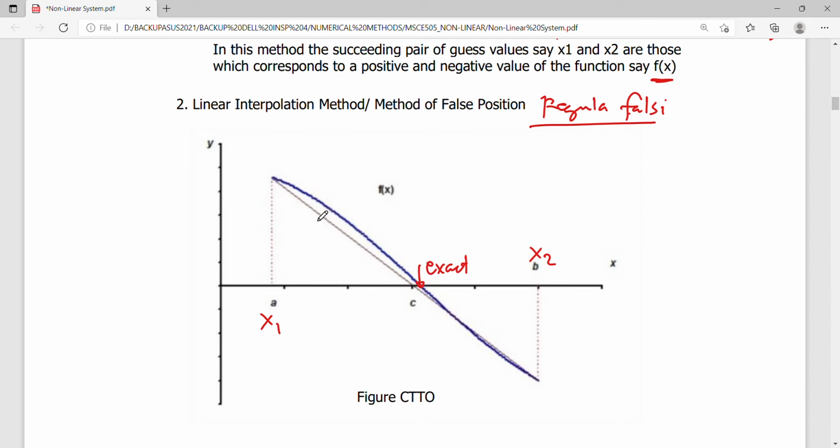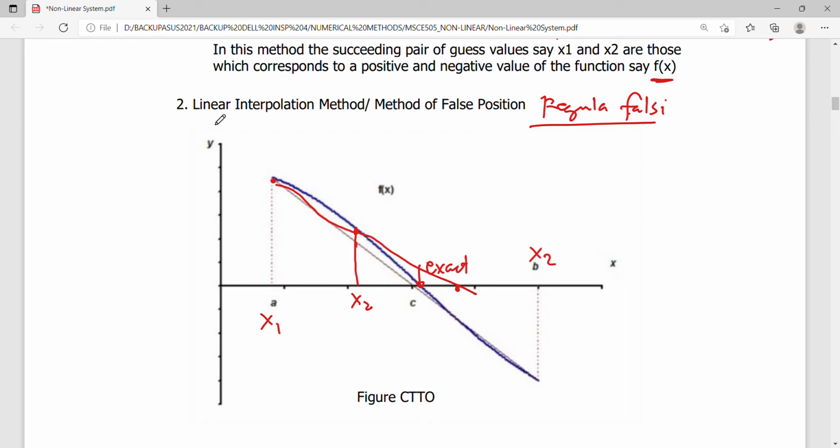Meron kang tinatawag na linear representation. So if x2 falls somewhere here, pwede kang kumuha ng point doon, tsaka point dito, and then you interpolate it, or rather, extrapolate na yan, no? Pupunta siya dito. So dito ka pa rin, lalapit ka pa rin.